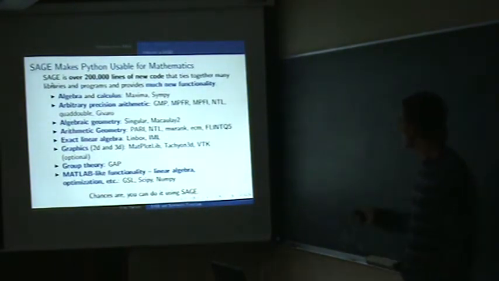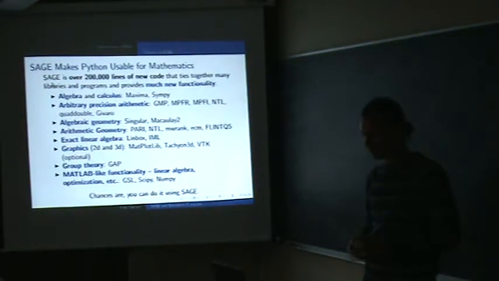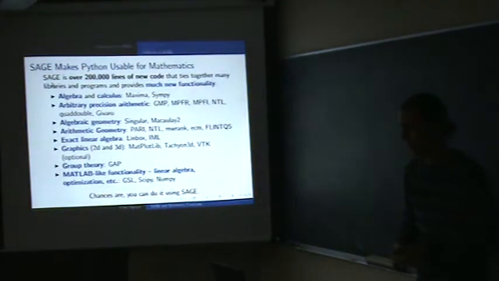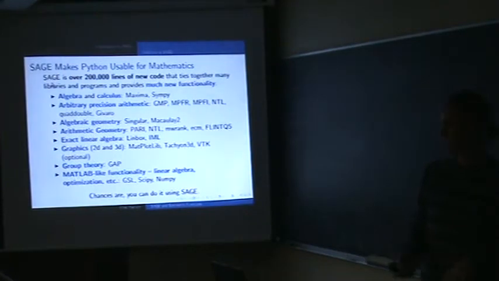So here's some of the packages and functionality that Sage includes. There's over 200,000 lines of new code in Sage in Python that, as I said before, ties together many of these existing libraries and also provides a whole lot of new functionality. There are definitely things in Sage that you can't do in any other computer algebra system.